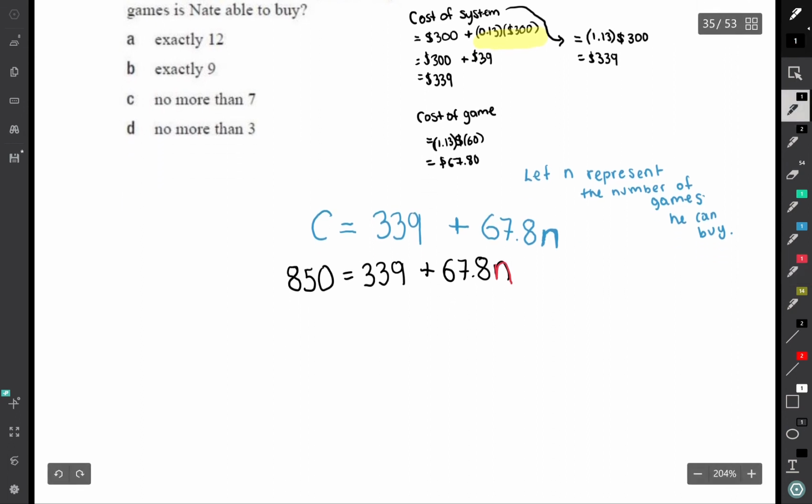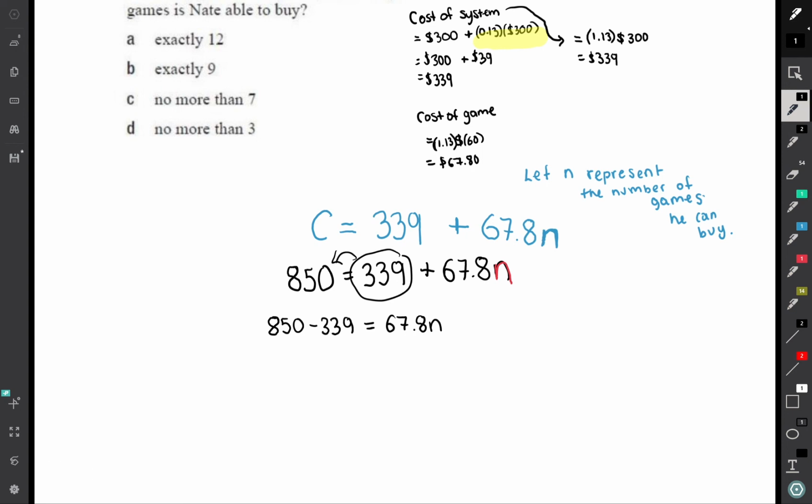Okay, so first things first, I'm going to start by moving that 339 over to the other side. So I get 850 minus 339 is equal to 67.8n. So 850 minus 339 is 511.